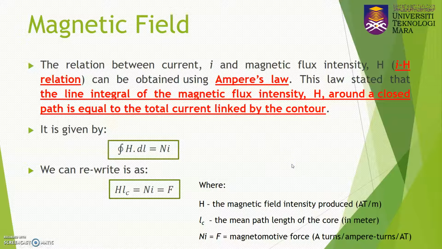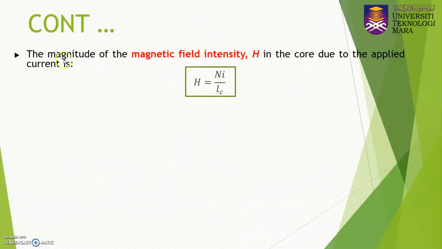Next, the magnitude of the magnetic field intensity H in the core due to the applied current is given by this equation. From the previous slide, you can rearrange the equation so that H is equal to Ni, which is your magnetomotive force, divided by the mean length of the core, LC.